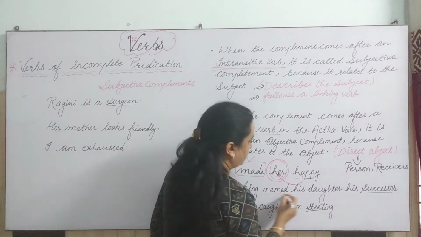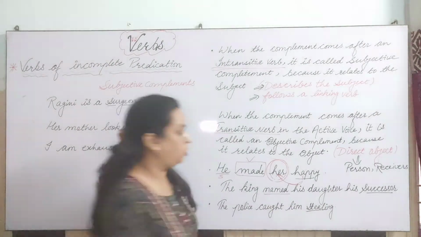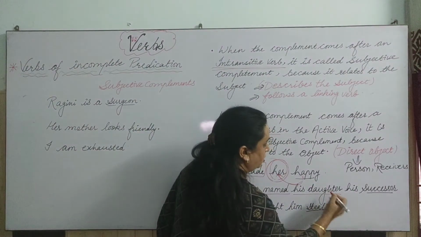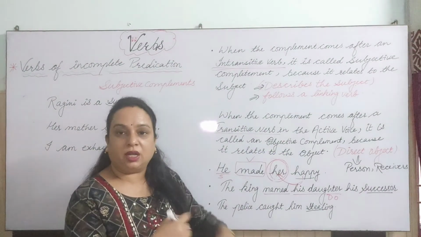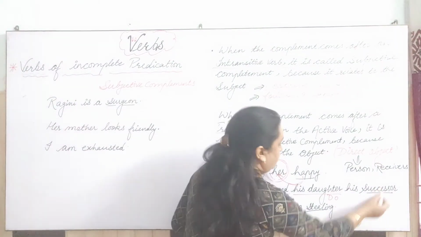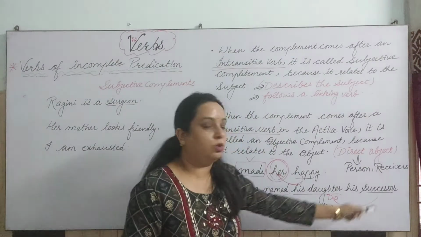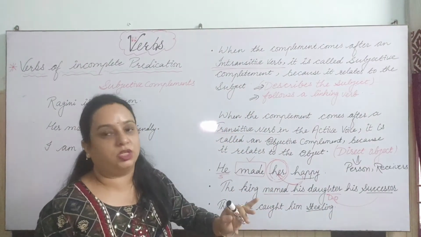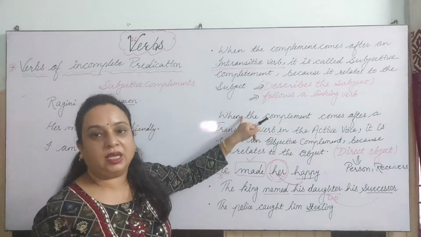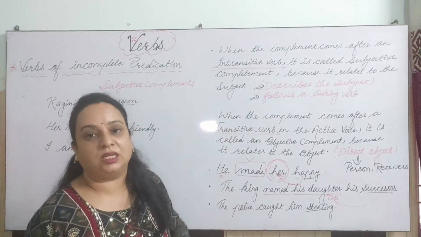Named is the verb. Now his daughter is the direct object here, and it is describing that he made her successor. So this word successor is identifying the direct object here. That's why it is working as the objective complement in the sentence.